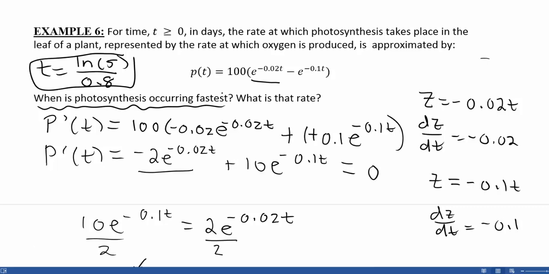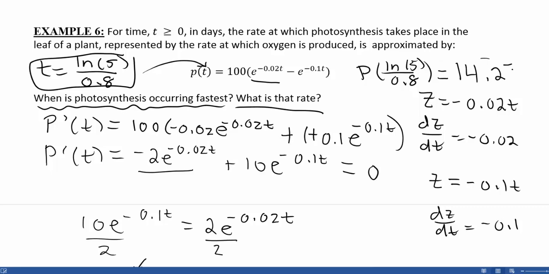But I also want to know what is that fastest rate that I can achieve. So I need to plug this back into my function. So if I do P of the natural log of 5 divided by 0.8, and I crunch that number, that's going to give me 14.27.